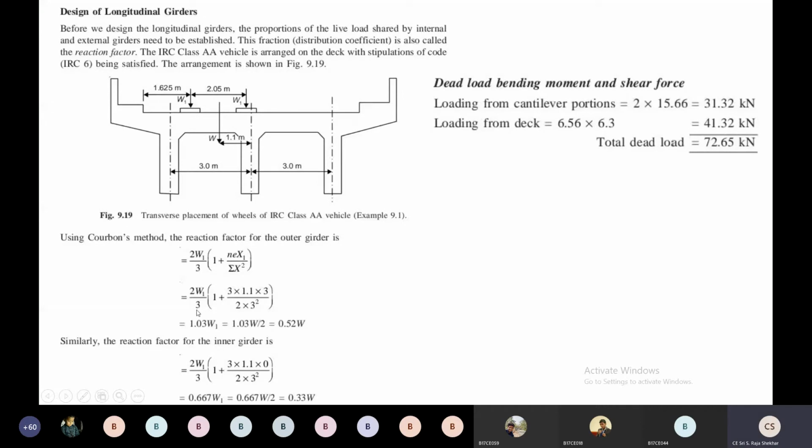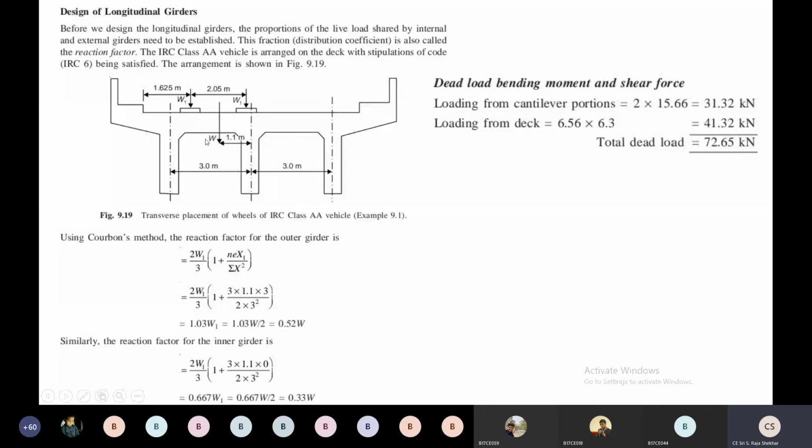If I calculate the reaction factor for the outer girder, for this girder as well as this girder, I am getting 1.03 W1, where W1 is the load of a single track, not the total.